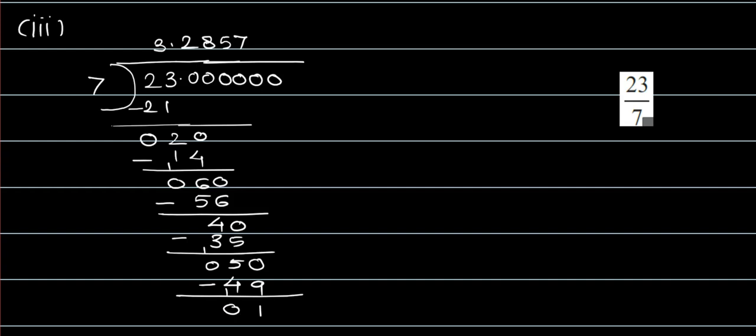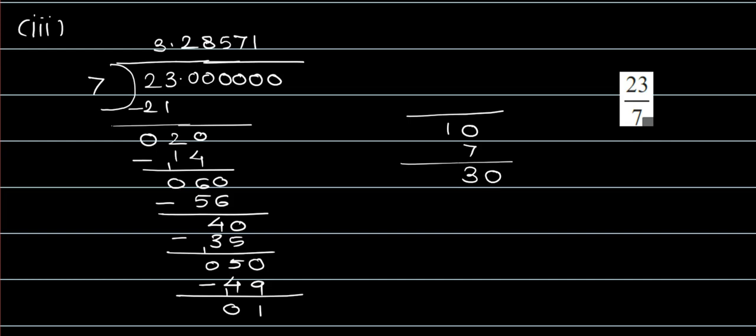The division of, we will do the division on the side now. 10 first, 10 minus 7, that is 3. Then it will become 30.